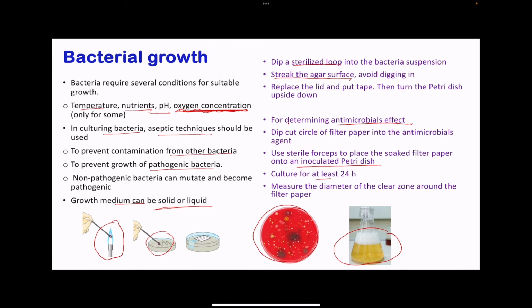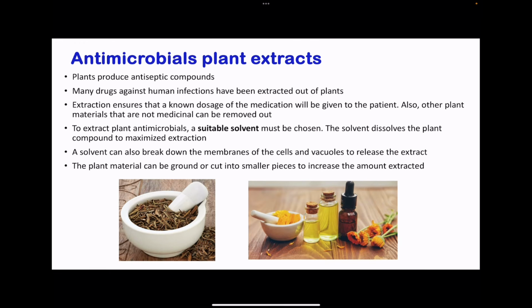You can culture for 24 hours or more, and then measure the diameter of the zone of inhibition, or we call it the diameter of the clear zone around the filter paper. The antimicrobial agent with a wider diameter of the clear zone is going to be the most effective. Looking at antimicrobial plant extracts, we know plants produce antiseptic compounds.